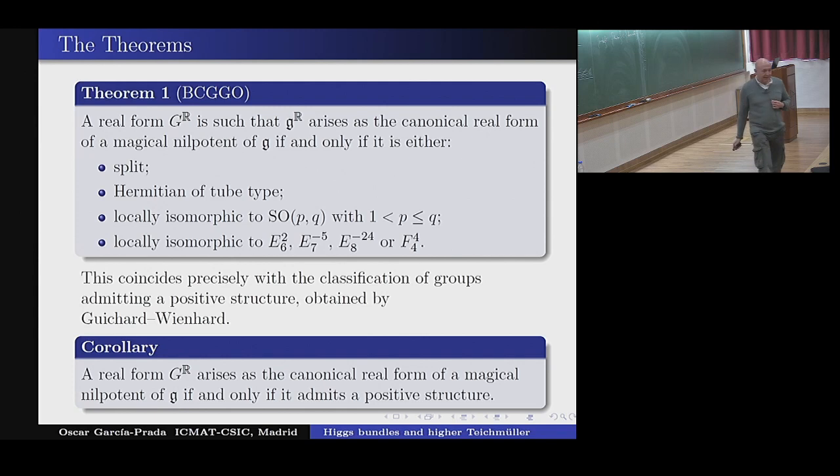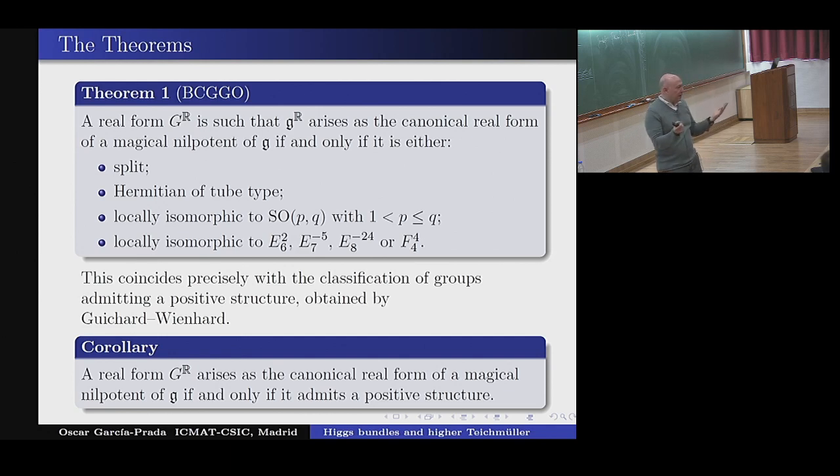So when you have several magical nilpotents, do you also have a corresponding set of positive structures? Yes, absolutely. There is a one-to-one correspondence. The classification of magical and the classification of positive structures correspond, except that we don't yet know how you get from a magical nilpotent to the notion of positivity.